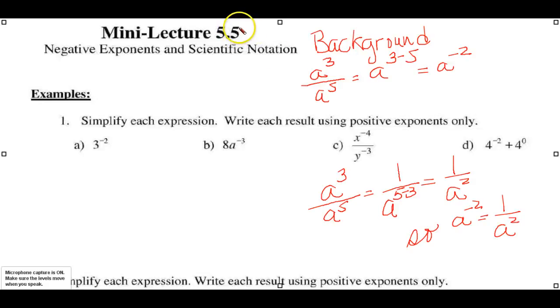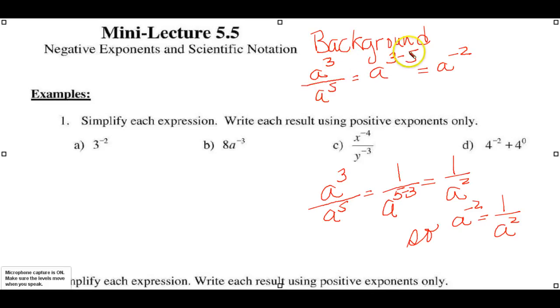Going on to topic 5 now of chapter 5, we're going to look at negative exponents and scientific notation. But to give you a little background, we had earlier said in topic 1 of this chapter, and you can use that reference sheet too, if you had a to the third over a to the fifth, and we were going to simplify that, why in division we're going to bring, let's say, the denominator up to the numerator.